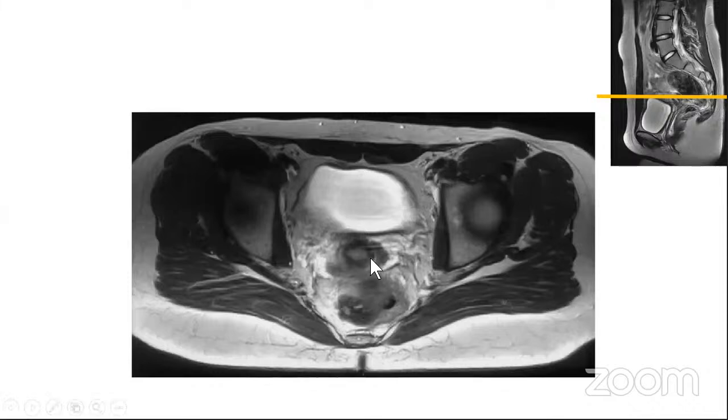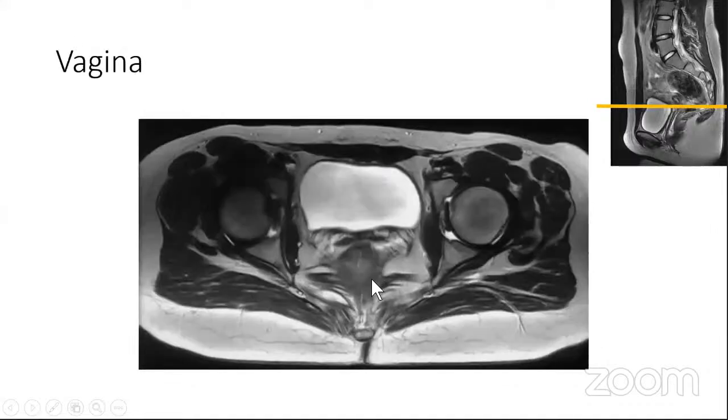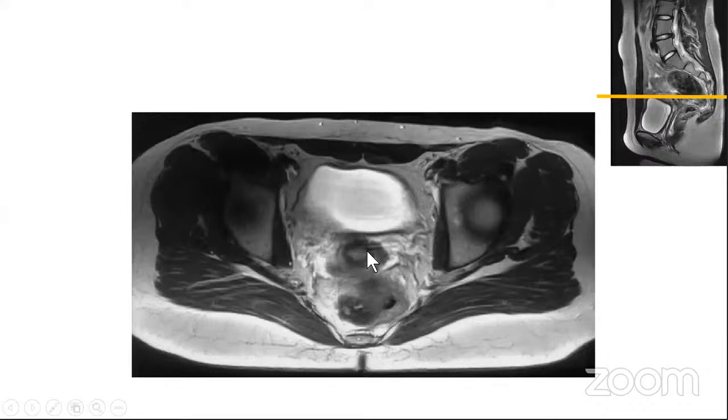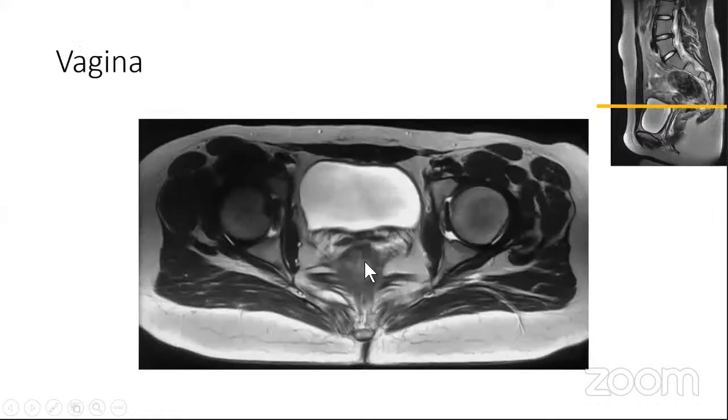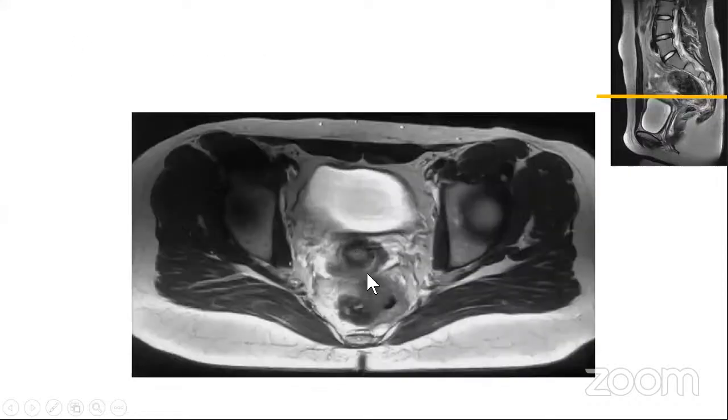So coming on to other structures that we see in an MRI, I'm just running through three or four scans consecutively to give you an idea of the lower part of the image. The cervix, which you see round in shape, has the rectum posteriorly and the bladder anteriorly.